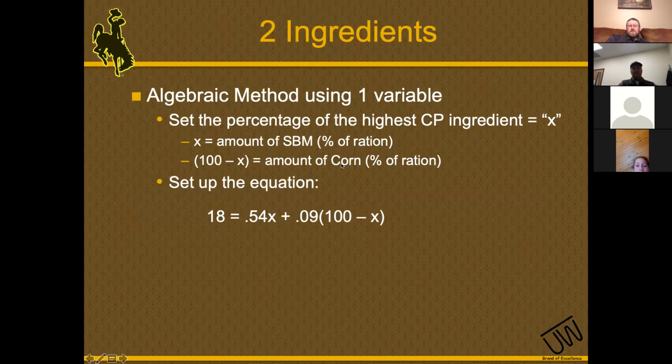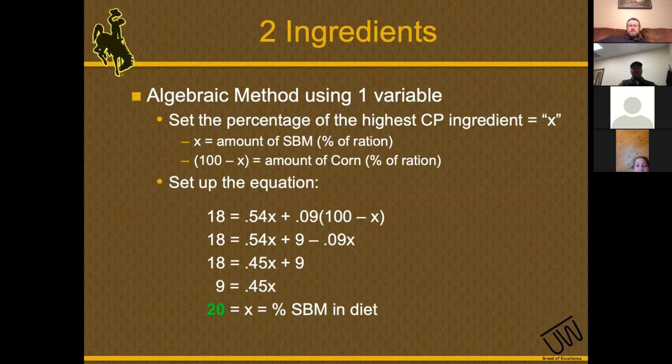So if I set up my equation, 18% protein, I got 0.54x is my soybean meal plus 0.09, which is the protein content of corn, and I multiply that times what my corn variable is, which is 100 minus x. If I went through and did the math, you just work down through a basic algebra equation, and I still come up with the same answer, right?